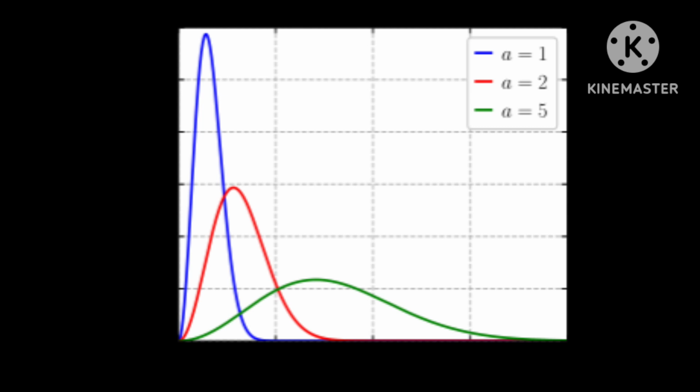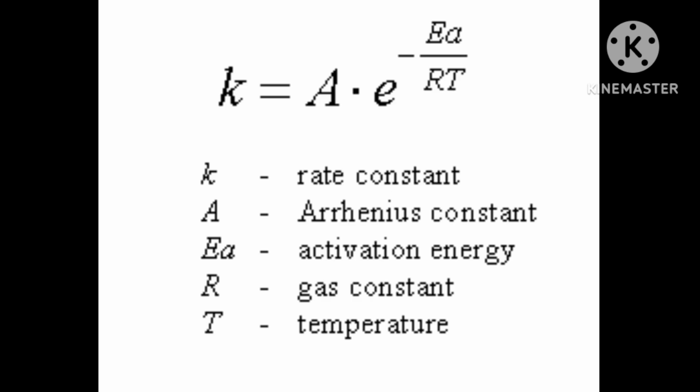From the peak, draw a line parallel to the y-axis down to the x-axis. Then you will come to know the energy of this maximum fraction, the value of the kinetic energy.